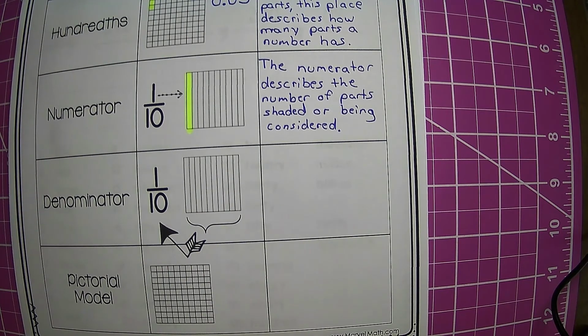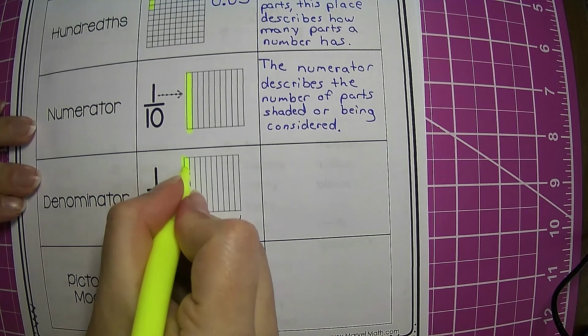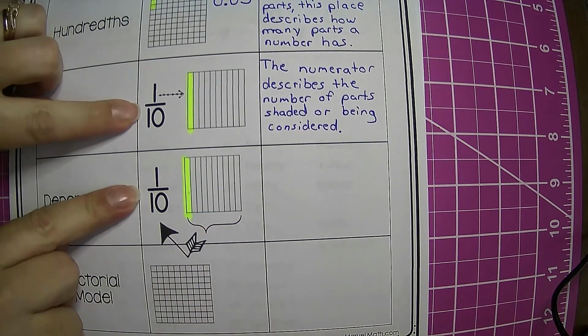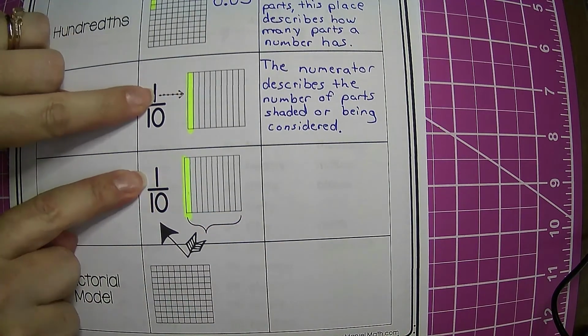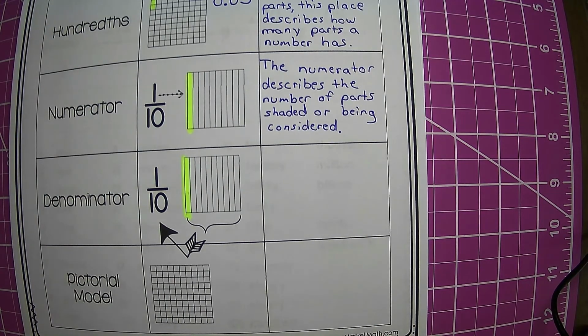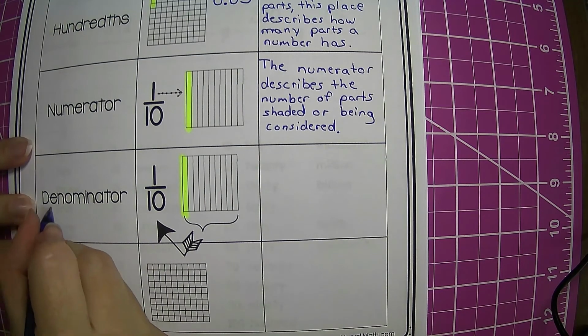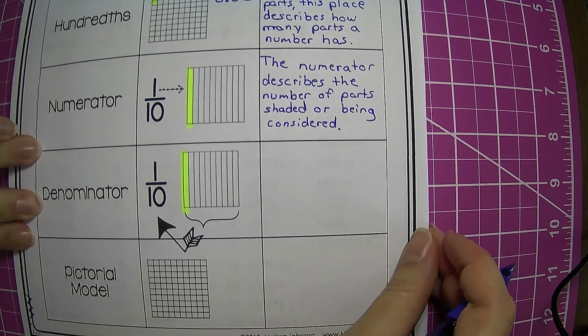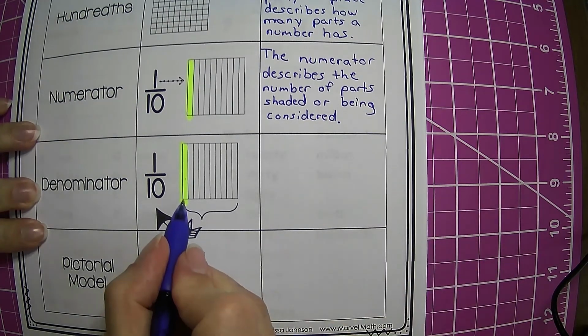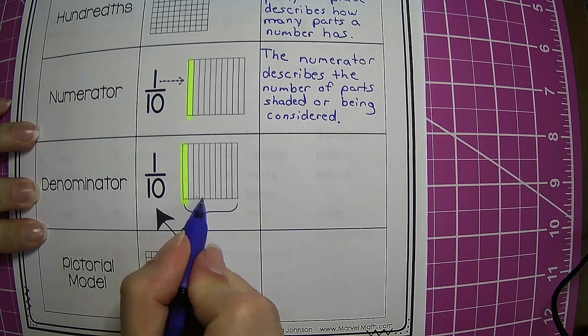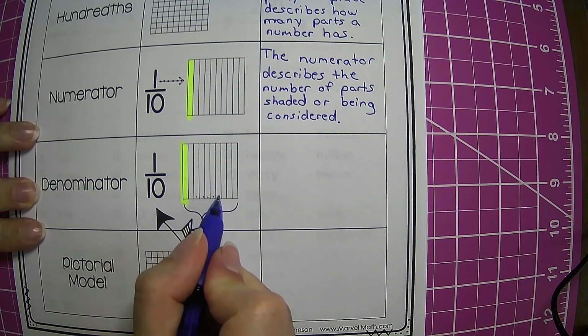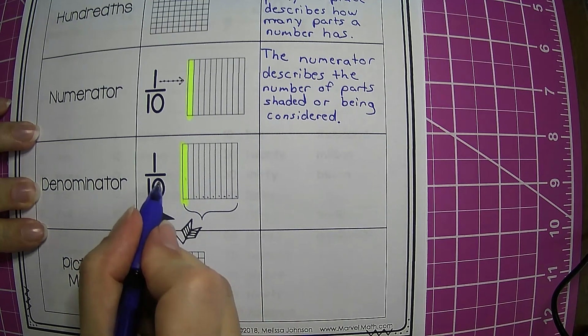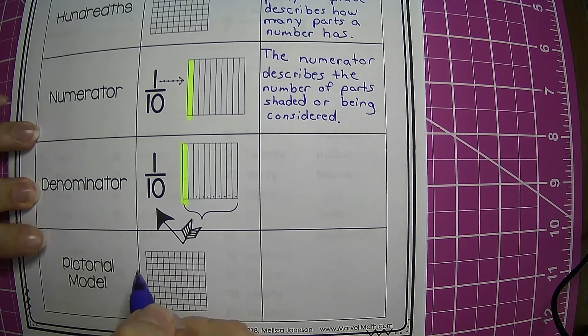All right, the bottom number in my fraction. These are equal, so I still have one part. The bottom of my fraction is called the denominator. The denominator describes the total number of parts. So there are 1, 2, 3, 4, 5, 6, 7, 8, 9, 10. There are 10 total parts.